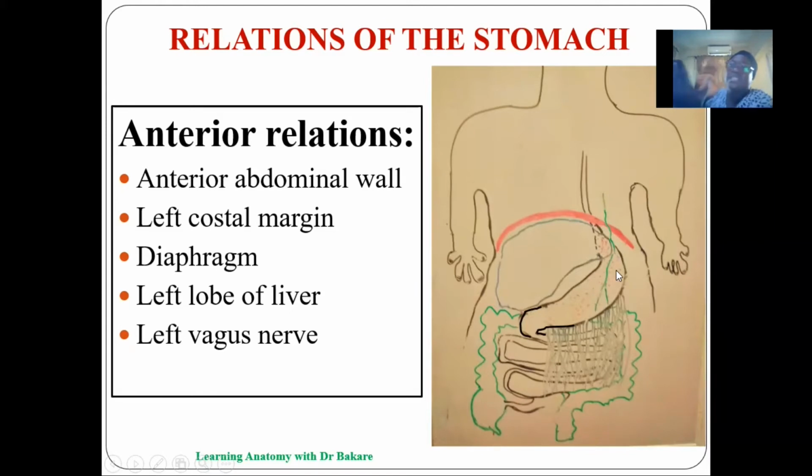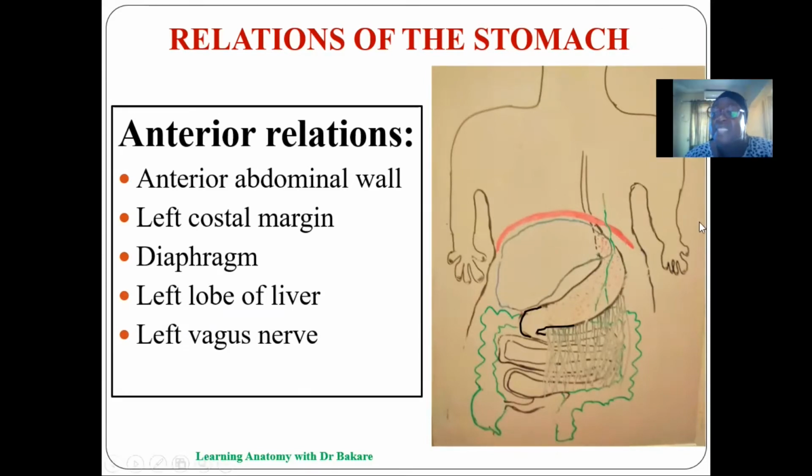So as it is rotating, it's pushing it. What happens during development explains what we see in the presentation after birth, and this will later form the anterior gastric plexus that is seen in the anterior region of the stomach.